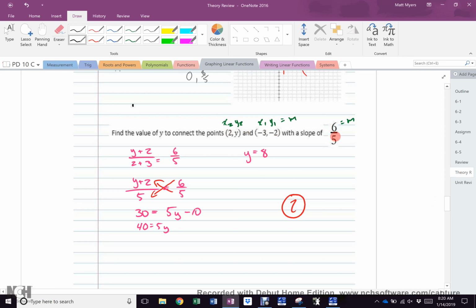And you know that's a slope, right? Yeah. And you know that slope equals one y minus the other y over one x minus the other x, right? So you put it all in. And then you cross multiply. No problemo. That's what I'm here for.